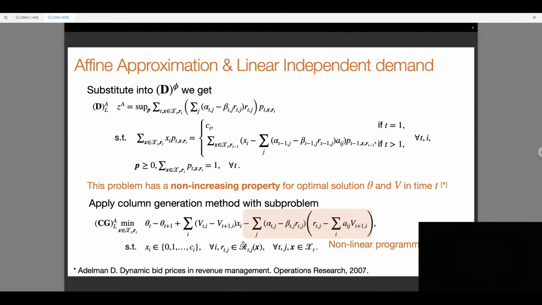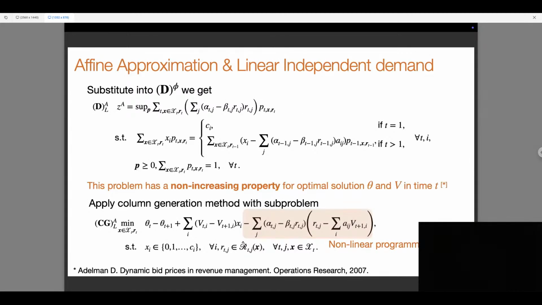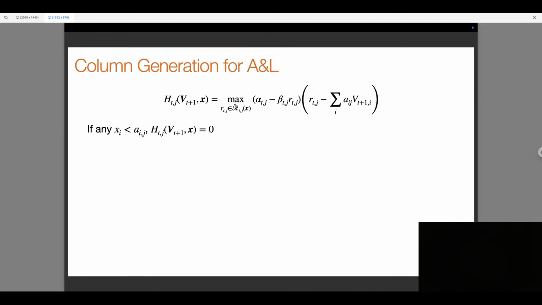quite good structural property, that for the shadowed part, we can denote it as a Htj function. Here the minimization over the -1 equal to the maximization over the +1.